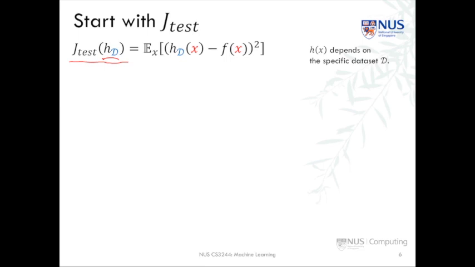What we mean by this is that the data set describes exactly which hypothesis we're going to pick. In many of the learning algorithms that we have seen, it's a deterministic process that results from the particular instances that are available in the training data set.